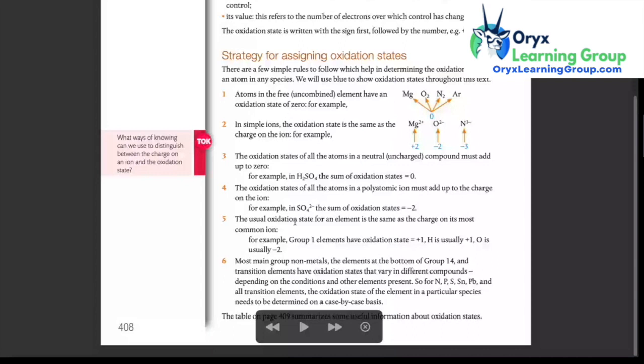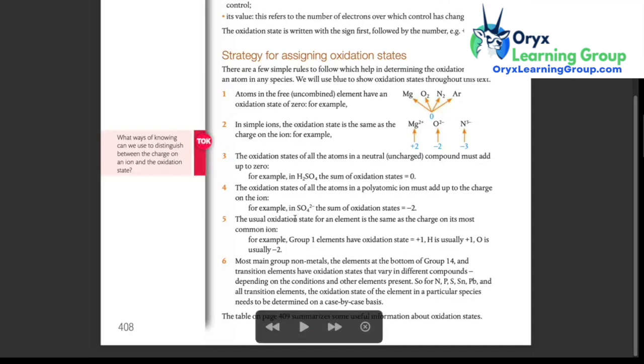So we have to find the oxidation state of sulfur in SO4 2-. We'll solve this question as well, once I go to the whiteboard.